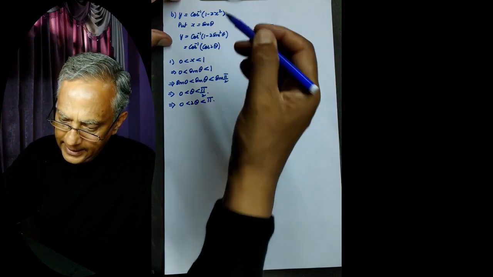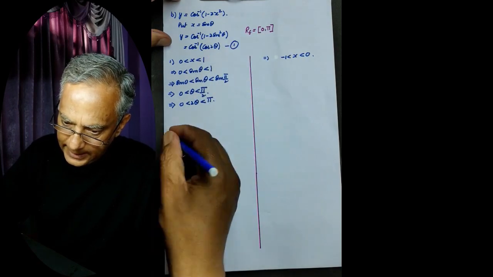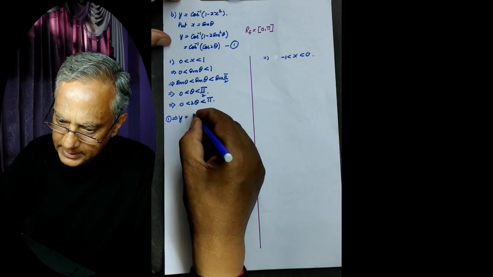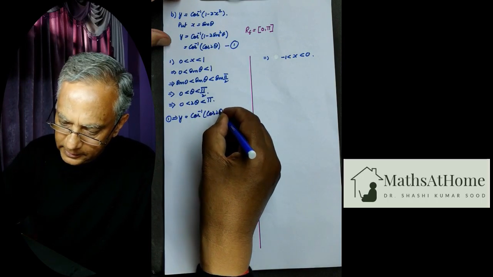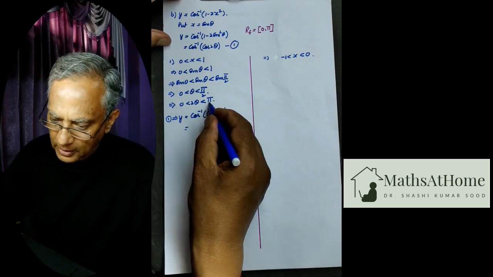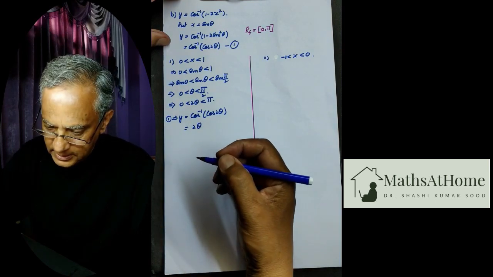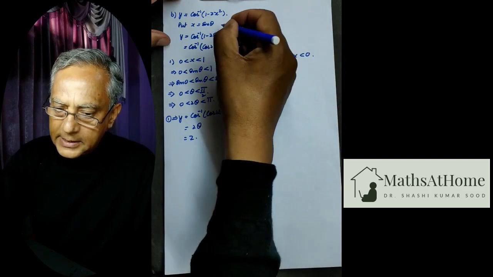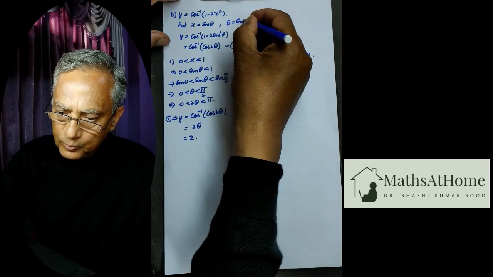So we can write y is equal to cos inverse of cos 2 theta, and since 2 theta lies in the range of the function, therefore we can write this as 2 theta, and this is equal to 2 into, now x is sine theta, therefore theta must be sine inverse x.